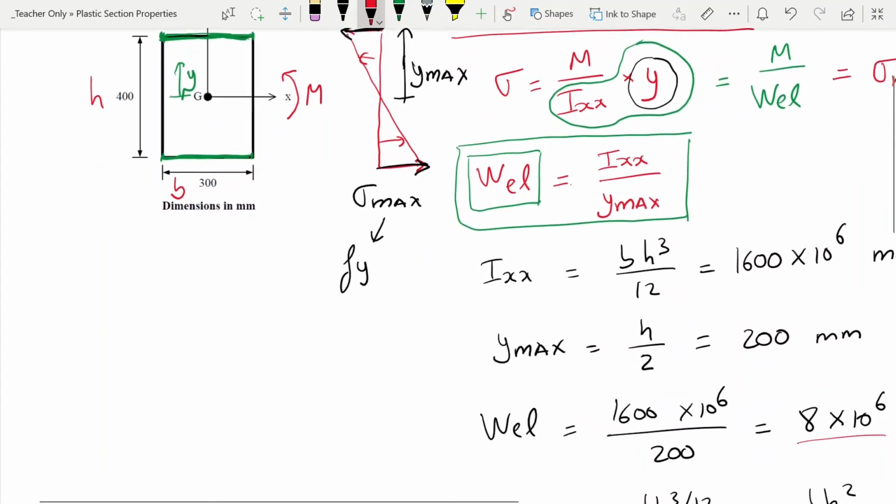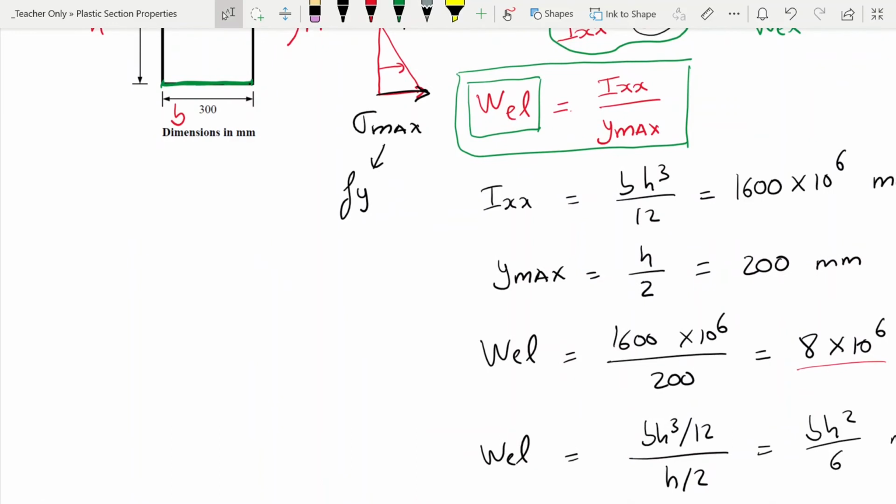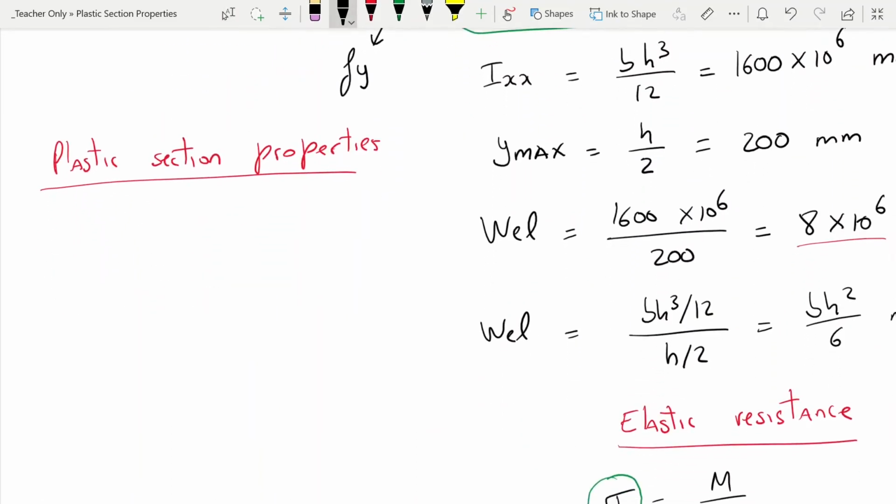So what this video is all about is calculating the plastic section properties. And the idea behind the plastic section properties is we still consider our original section, our original rectangle, but now at a certain moment the entire section will plastify. And this will happen since this is symmetric.